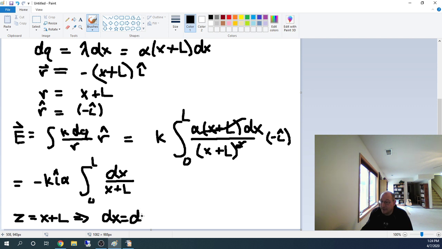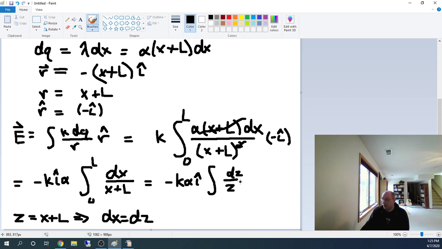So I can do that substitution for dx there. I can turn it into dz, and then wherever I see an x plus L, I can replace it by z. So this integral becomes negative k times alpha times i hat, the minus sign indicating the direction there. And then I'm changing this integral over to the integral of dz over z.